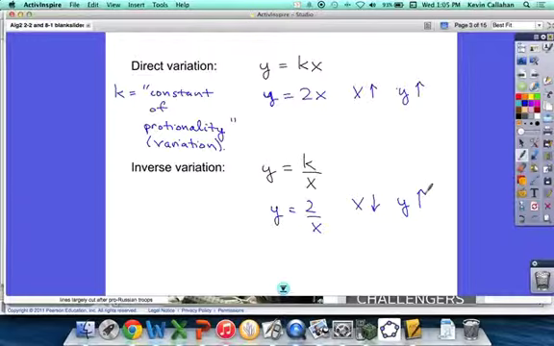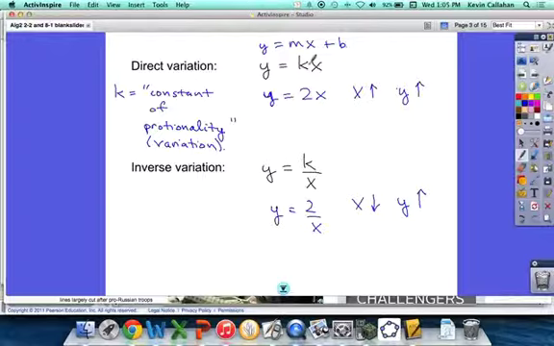In fact, they're both functions that we've dealt with so far. Back in chapter 2, that was the chapter where we were reviewing linear functions. And this is a linear function. You could think of it like y equals mx plus b. Just in the direct variation, there is no b. And instead of calling the constant m, we're calling it k. So in the end, it's just a linear function with a y-intercept of 0.